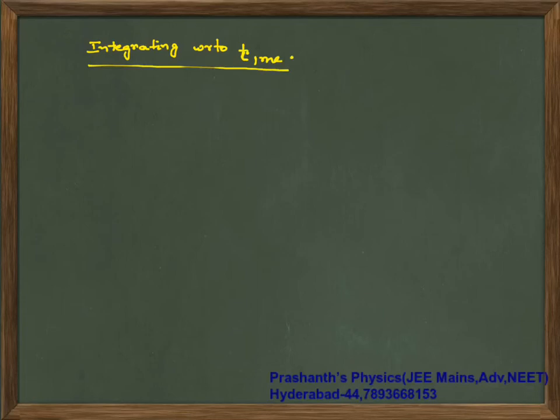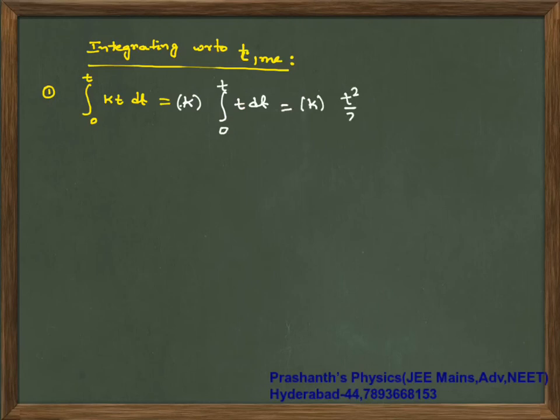If you are integrating with respect to time, integral of kt dt from 0 to t is going to become, k is constant, you can take it out of the integral, so that is going to become k times integral t dt from 0 to t, that is equal to k times t square by 2, that is equal to kt square by 2, upper limit minus lower limit.